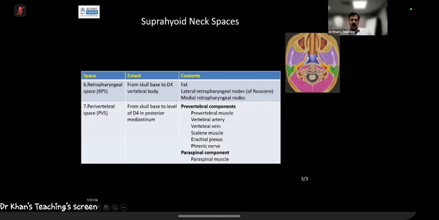I'm going to cover perivertebral space next time. But today we are going to learn how to differentiate whether a mass is in the retropharyngeal space, which is here, versus the prevertebral component of the perivertebral space. So that's why I went into a bit of detail here.